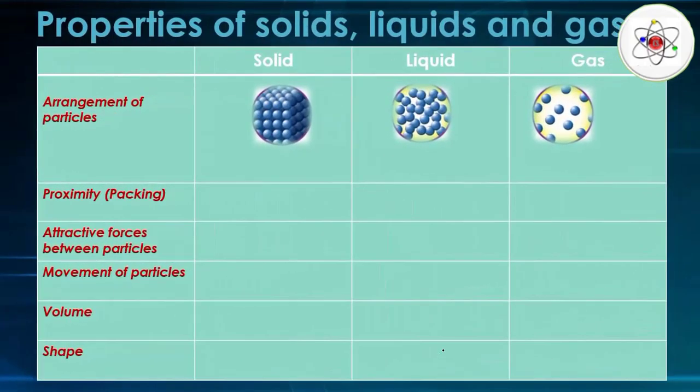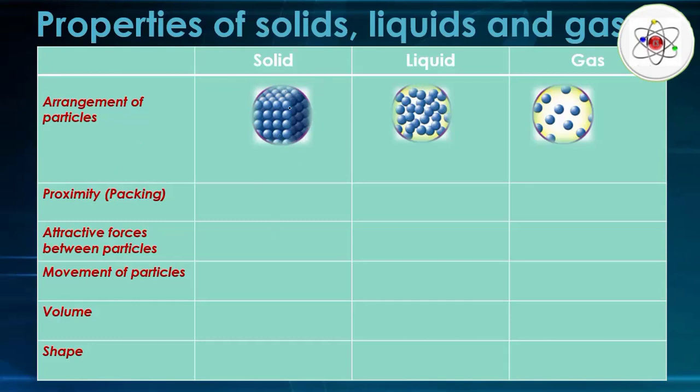So as I told you earlier, the particle theory basically describes the properties of solids, liquids, and gases. So we can fill this table according to the particle theory of matter. These are the aspects by which we can describe the properties of the three states of matter one by one, right?